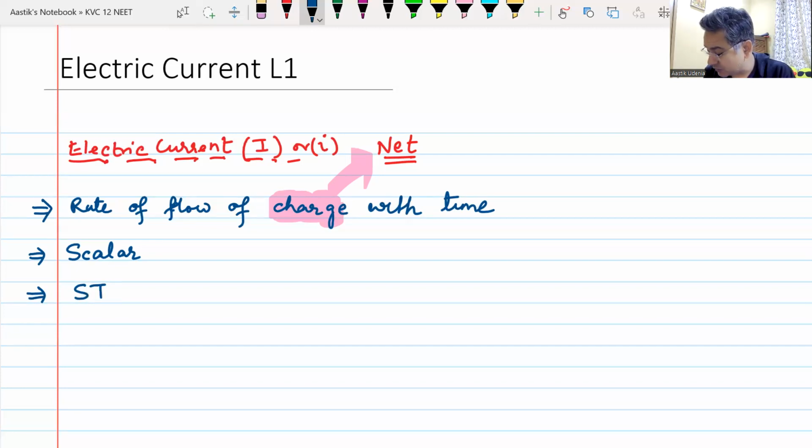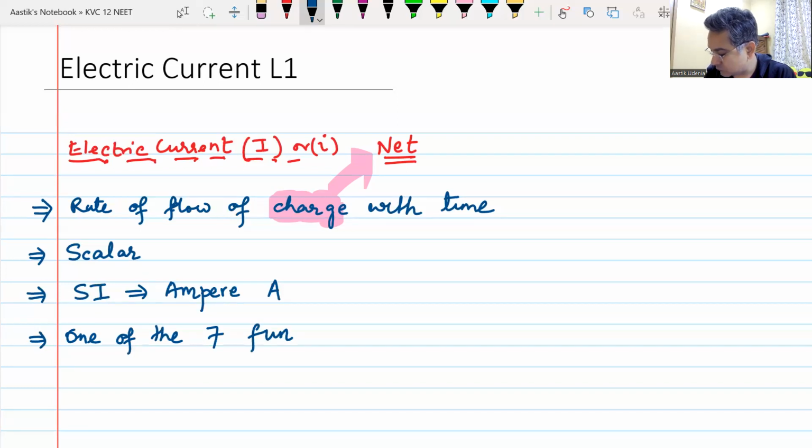The SI unit of current is known as ampere, A. Remember, current is one of the 7 fundamental quantities.